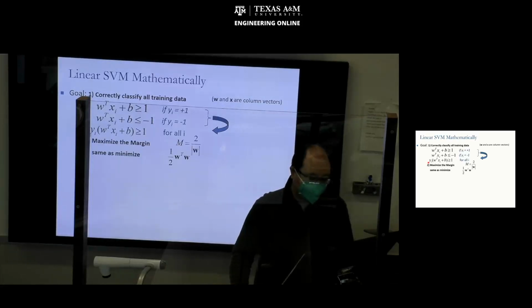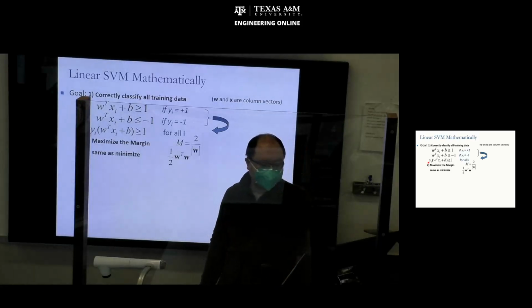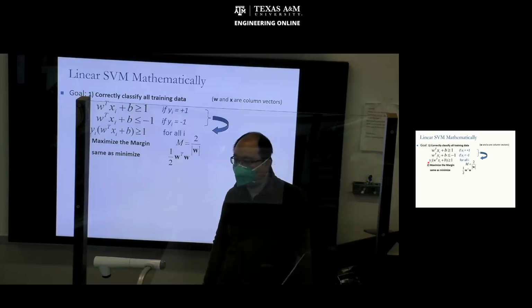And then we want to maximize the margin. The margin is actually 2 divided by the norm of w. Do we know how to derive that? Do we know how to do that?